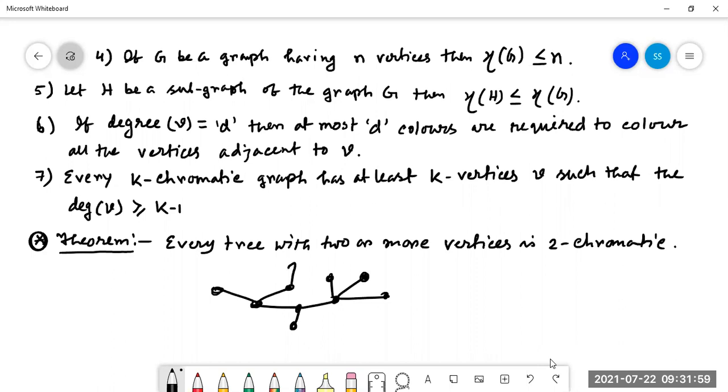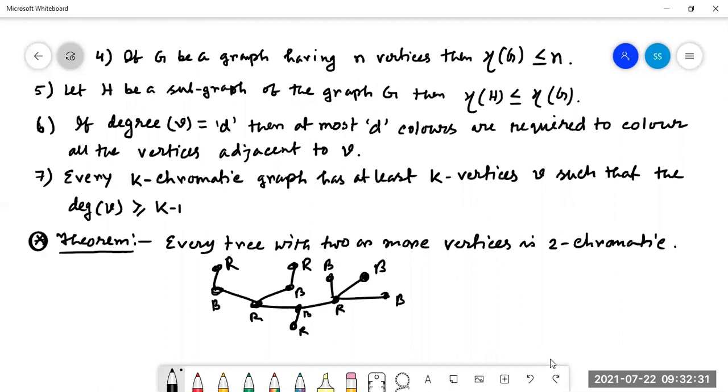This is called a tree graph. So it is red, then it is blue, then it is red, then it is blue, it is also blue. It is blue, then it is red, red, red. Look at here. No two adjacent vertices are the same color.